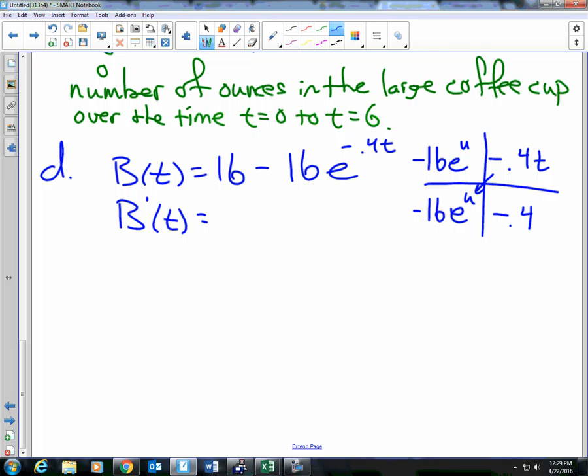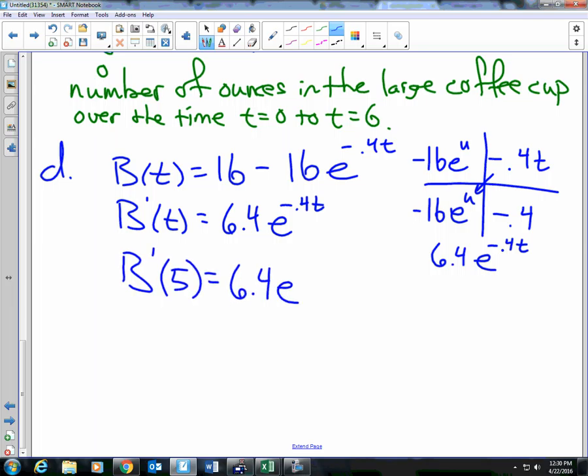6.4. E to the negative 0.4t. So the derivative is 6.4 e to the negative 0.4t. And we are trying to identify it at what time? 5.